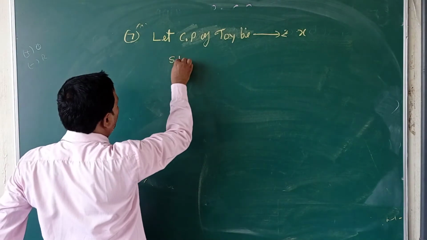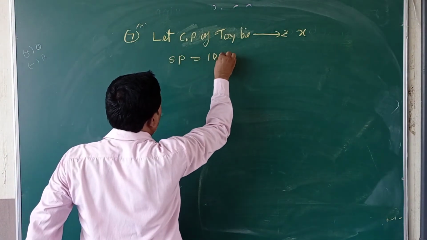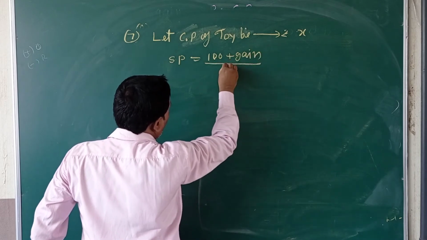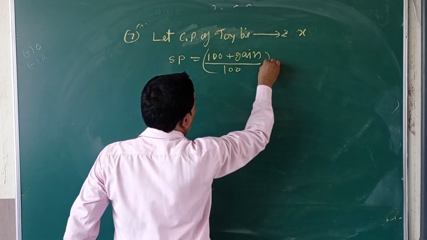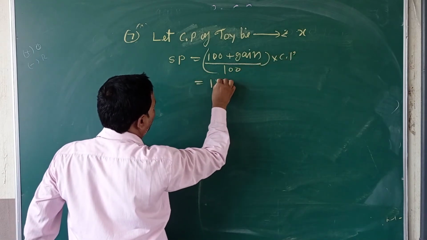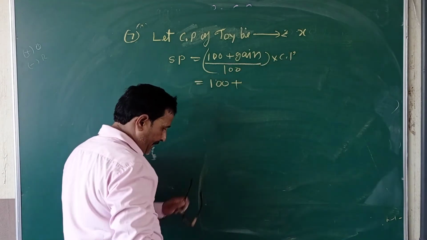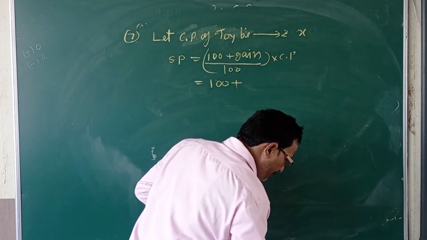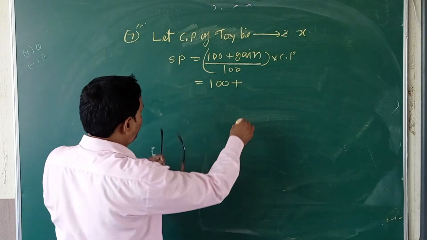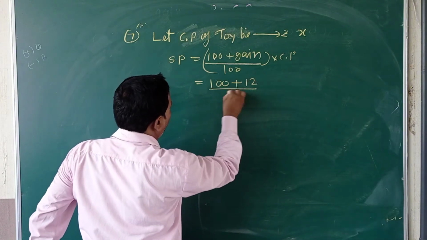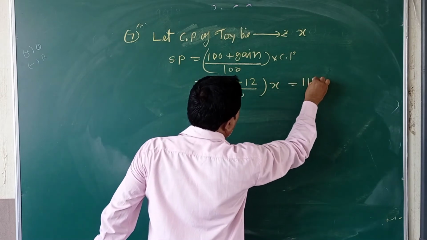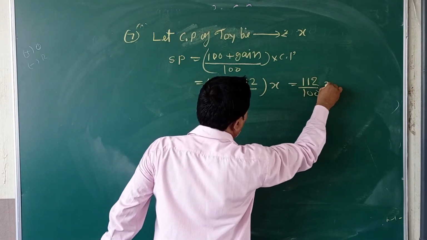Now SP is equal to 100 plus gain percent upon 100 into CP. You write the formula. Don't forget to write the formula. SP is equal to 100 plus 12 upon 100 x, which is 112 upon 100 x.